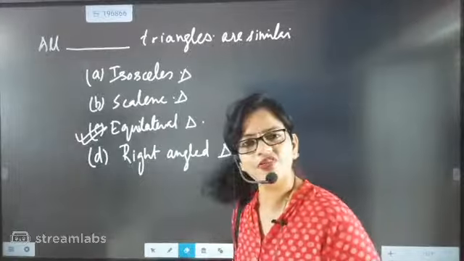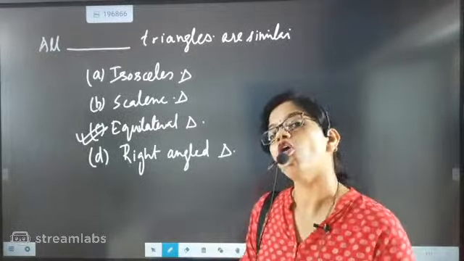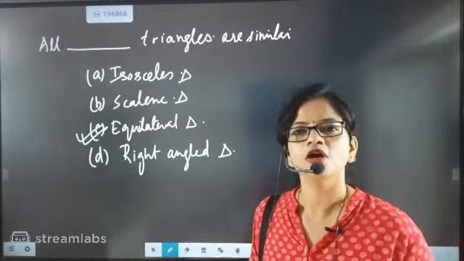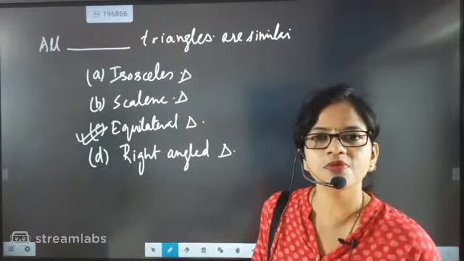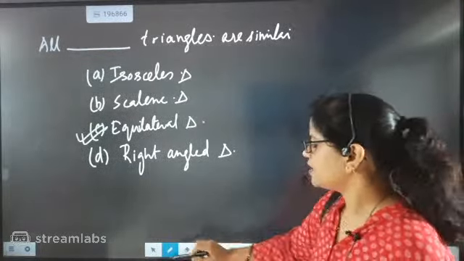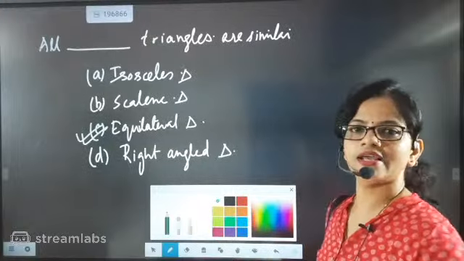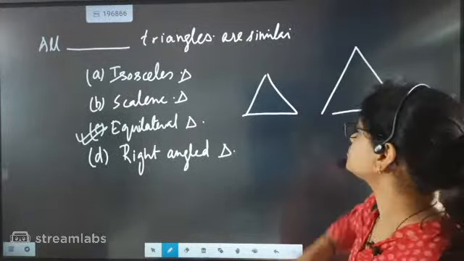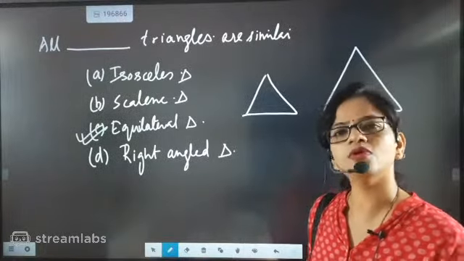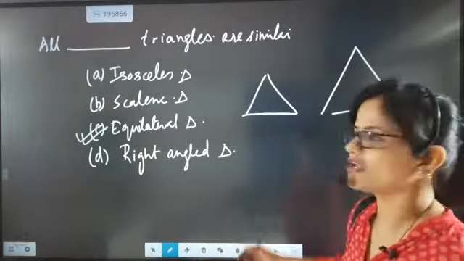If somebody is very adamant and says all isosceles triangles are similar, and asks you to prove that you are right, then your point should be: just take a chill pill, relax and check this part. These two triangles are similar and they are isosceles.